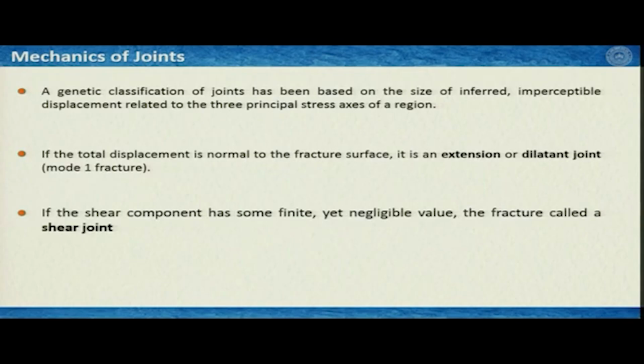Now, if the total displacement is normal to the fracture surface, it is an extension or dilatant joint or mode 1 fracture as we are talking about. If the shear component has some finite but very, very negligible value, then the fracture is called a shear joint. So, we can have extensional joints and we can have shear joints.